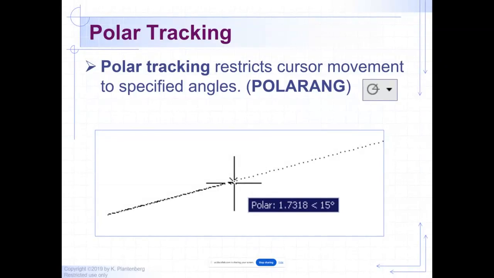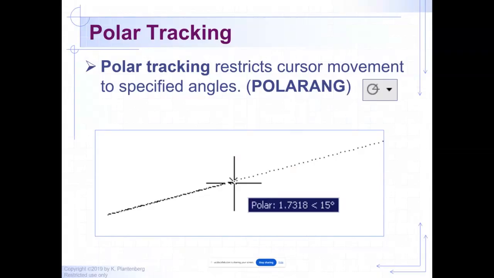Ortho means things go left and right and up and down only, period. So you turned it on if you wanted to make vertical lines or horizontal lines. Well, they came up with this cool thing called polar, which also helped us to get something else called object tracking, or O track.